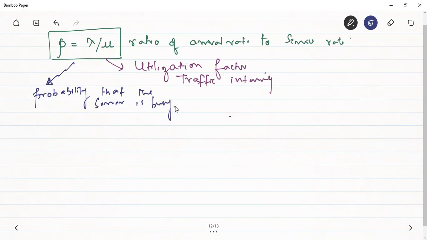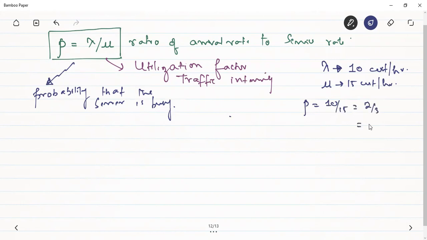So see here, if at a particular station the arrival rate is, suppose, 10 customers per hour, and the service rate is 15 customers being serviced per hour, then if we calculate this ratio, it will be equal to 10 by 15, that is 2 by 3, which is about 0.67.